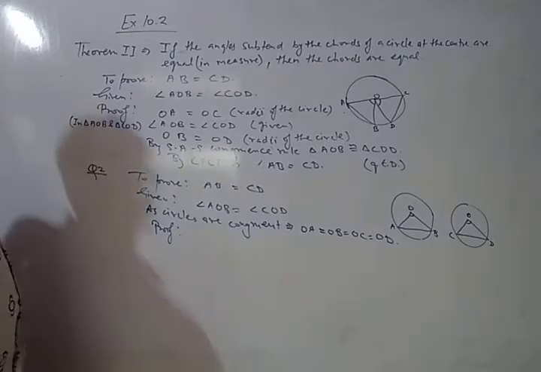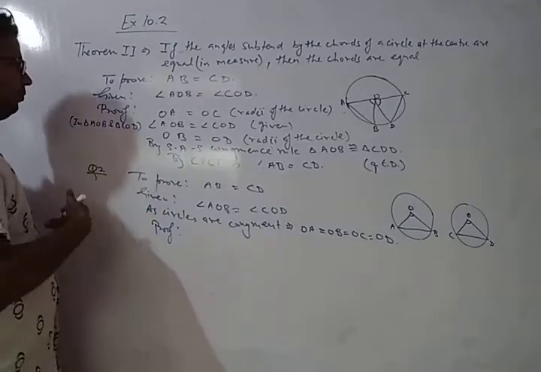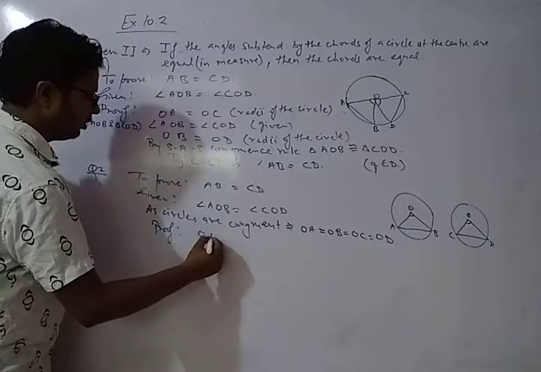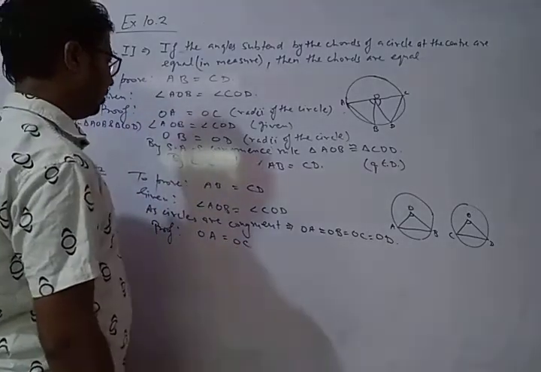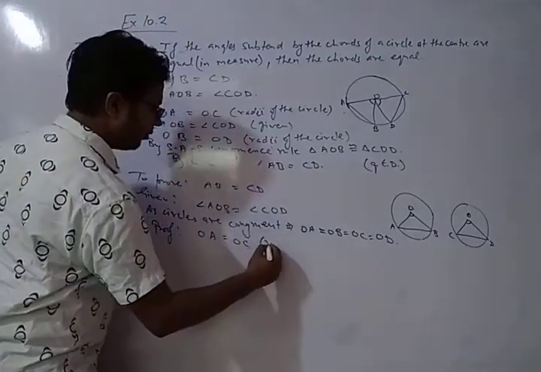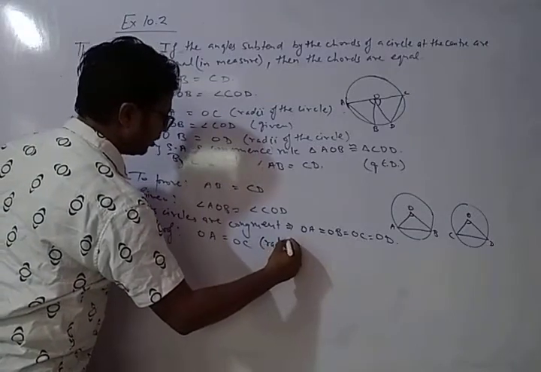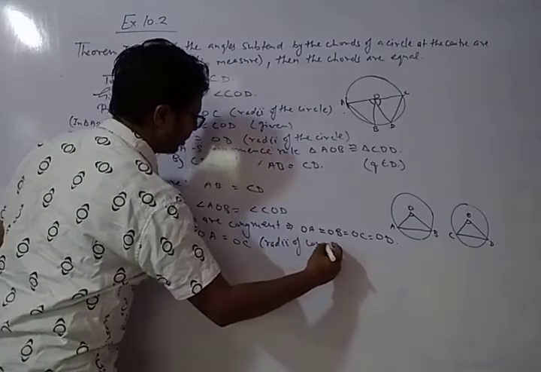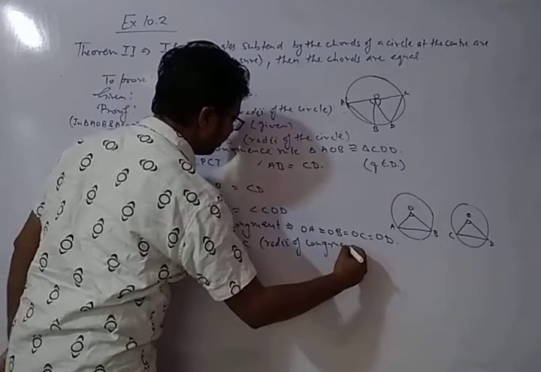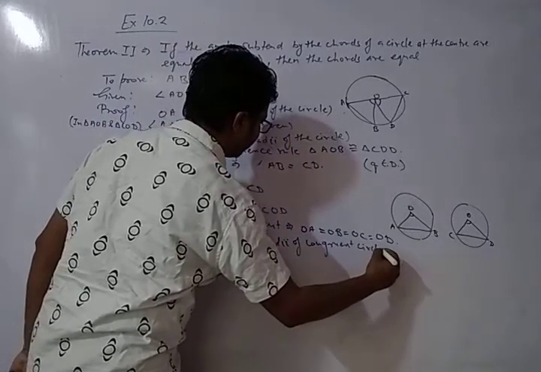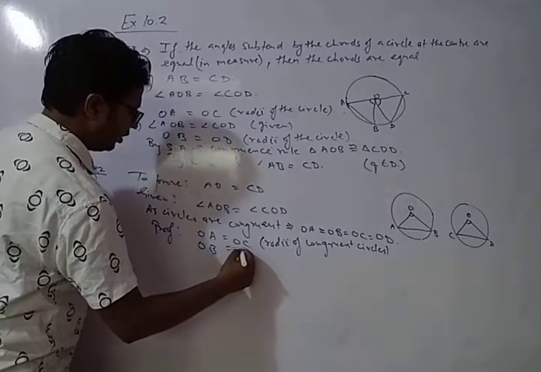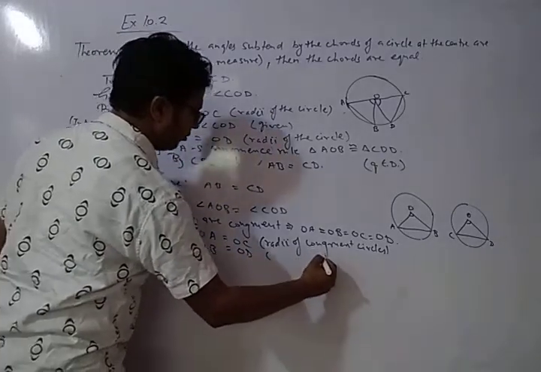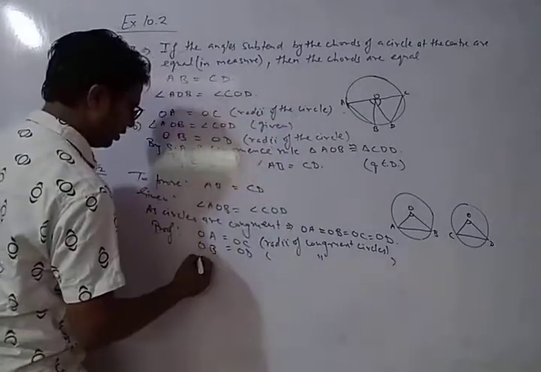After that, the proof: I will complete it for you. We have to write the same. OA is equal to OC, radii of congruent circles. Here make a small change: radii of congruent circles. OB is equal to OD, same radii of congruent circles.